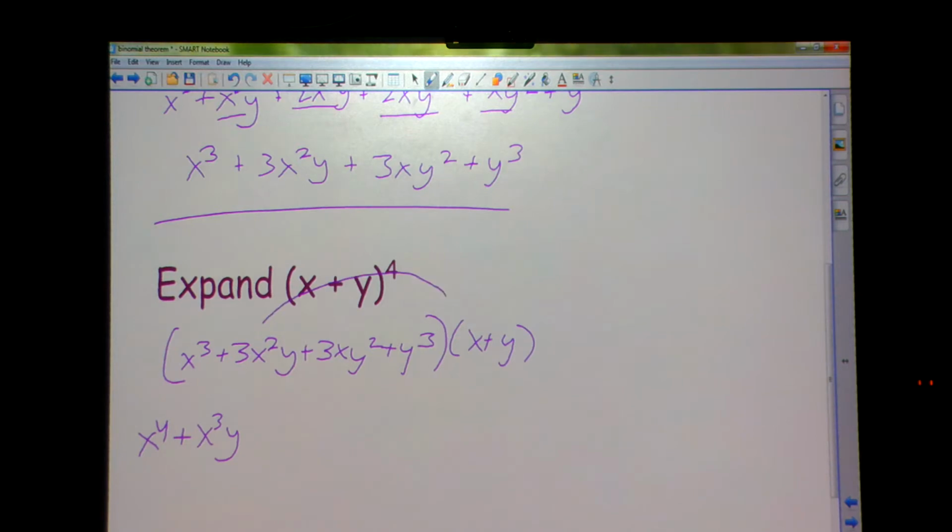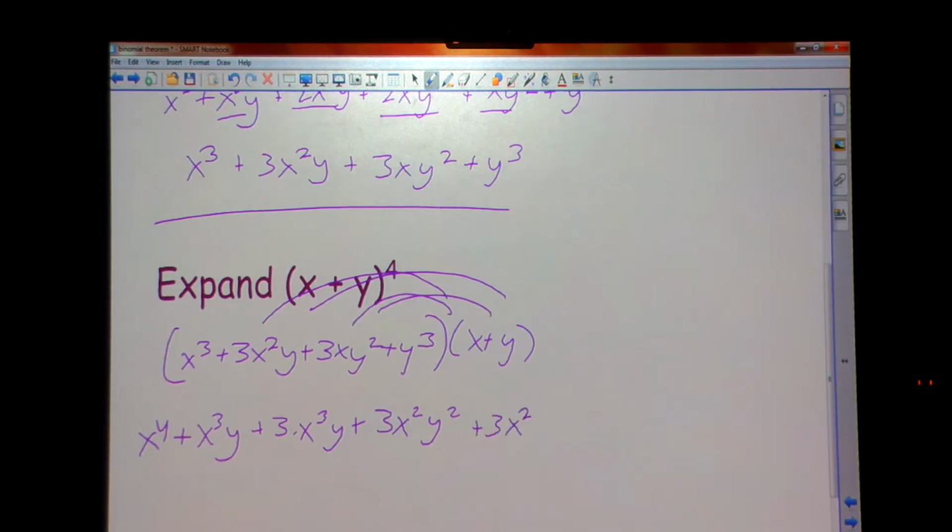Distribute my second term. I get plus 3x squared y, or x cubed y, plus 3x squared y squared. Distribute your next term. I have plus 3x squared y squared, plus 3xy cubed. Distribute your last term. I'm going to get plus xy cubed plus y to the 4th.